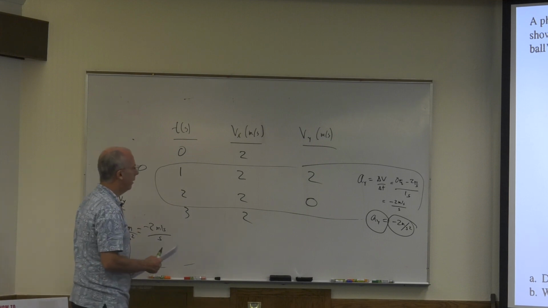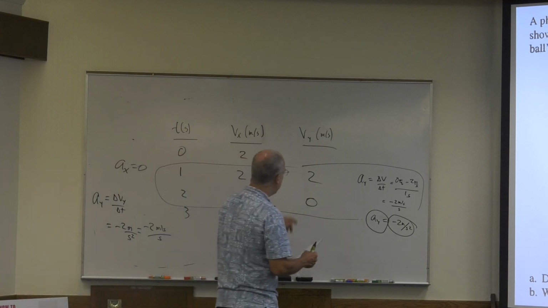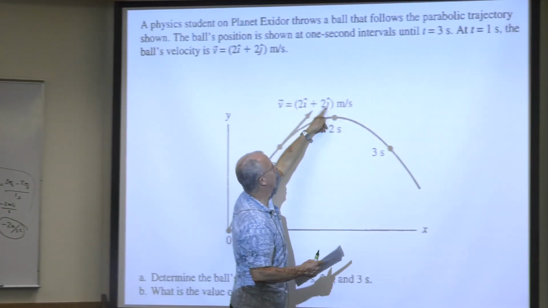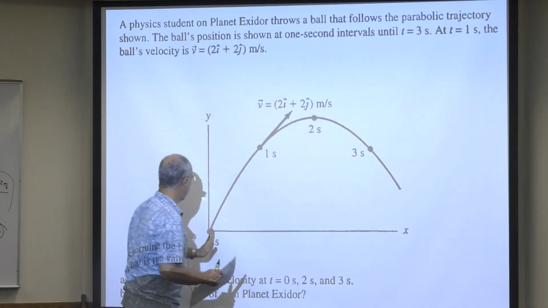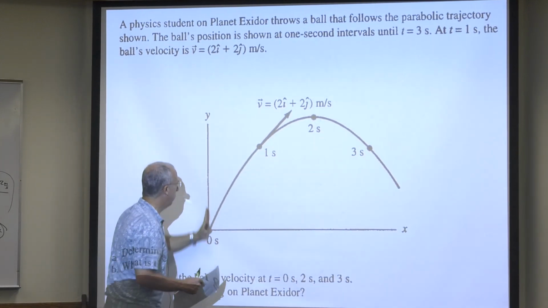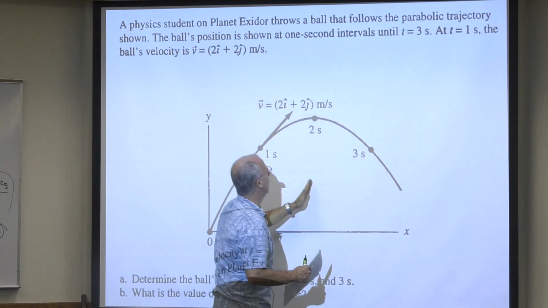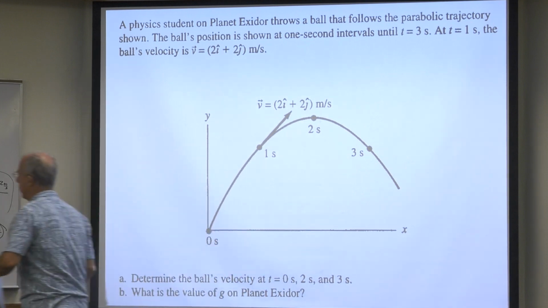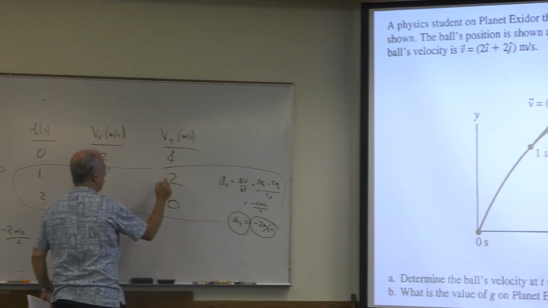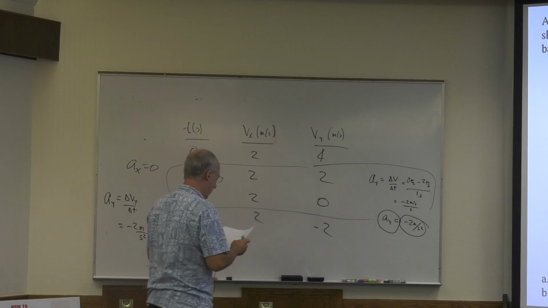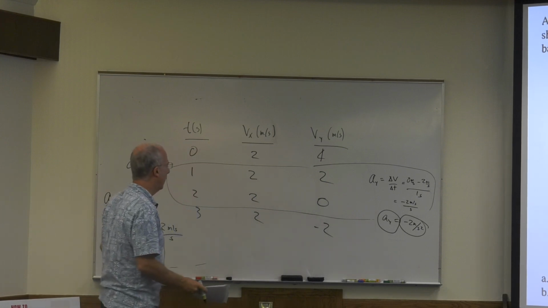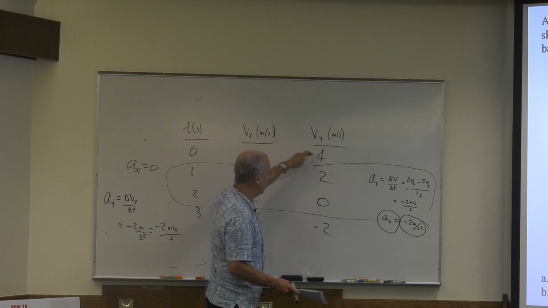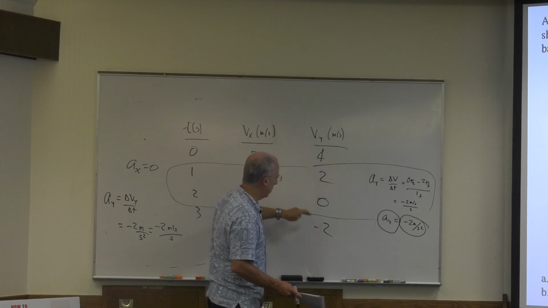All right, so what does it have to be here? Remember, here it's 2 meters per second. So what does it have to be here? 4, right? 4, 2, 0, and then minus 2. That's all, because it changed by minus 2 meters per second every second. 4 minus 2 is 2, 2 minus 2 is 0, 0 minus 2 is negative 2.